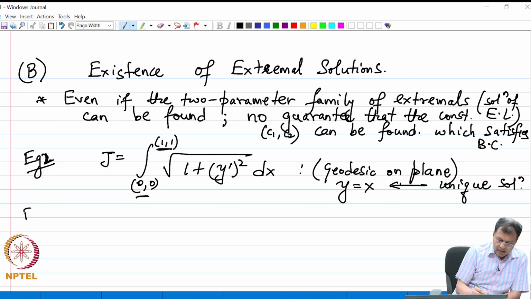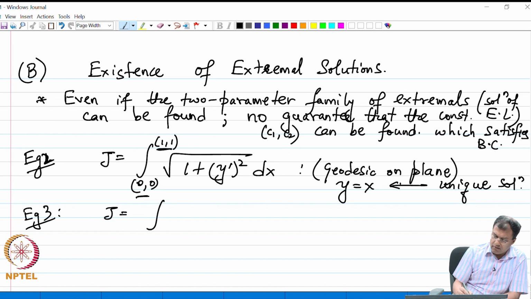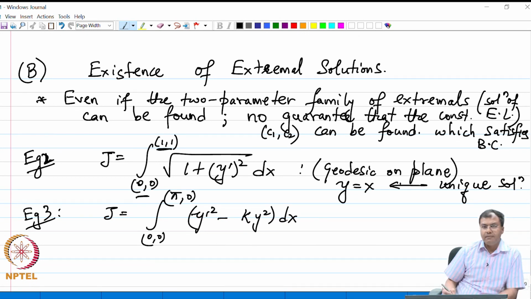However, let us look at another example which was also done in our previous lecture. Notice this particular case, J given by the integral from 0 to pi of y prime square minus k times y square dx.